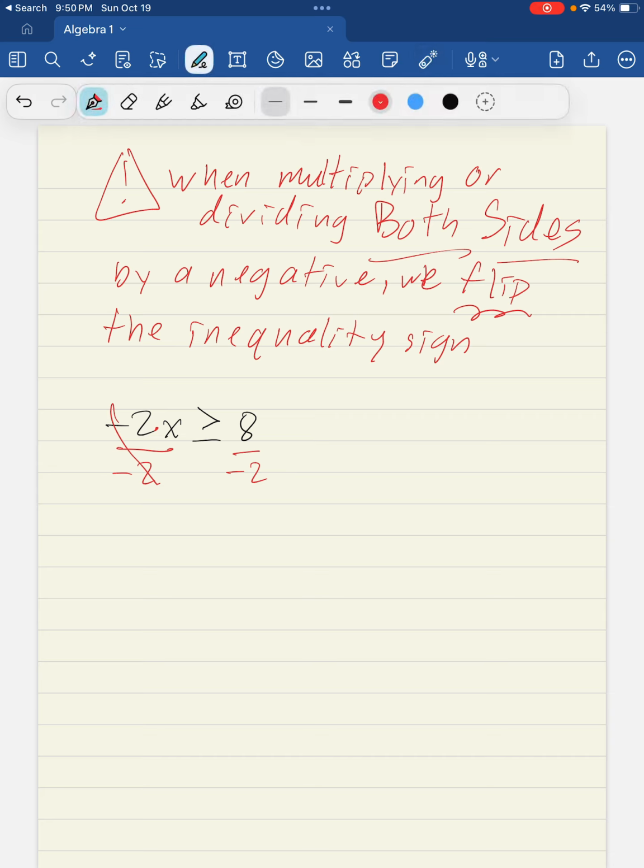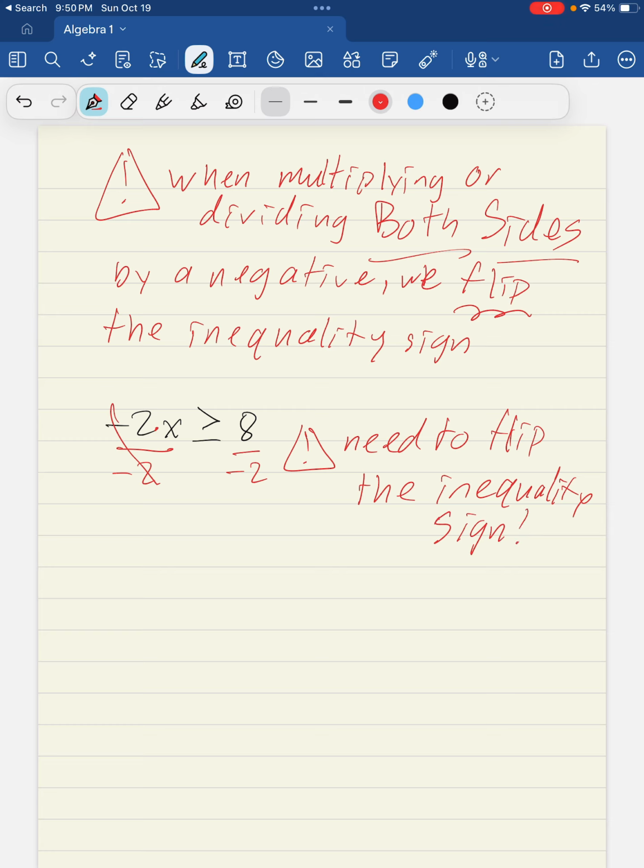So I have to remember, I need to flip the inequality sign. And so I just flip this guy. I flip the direction. And that's that.